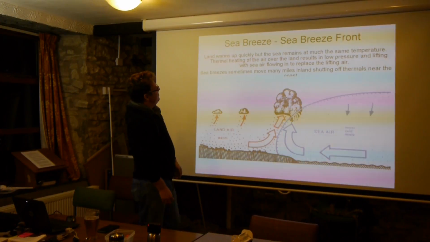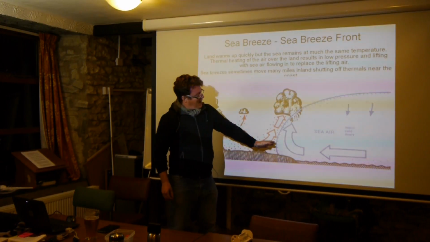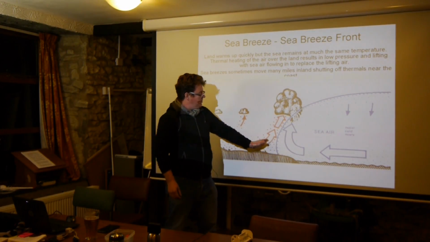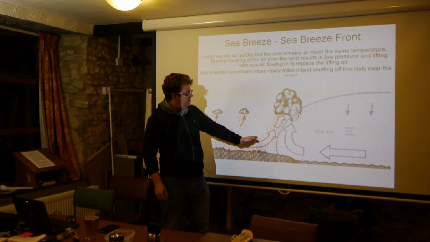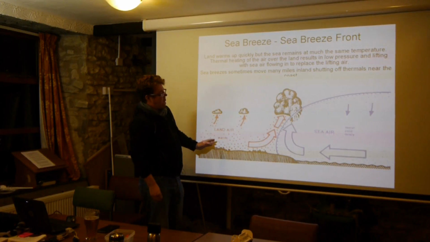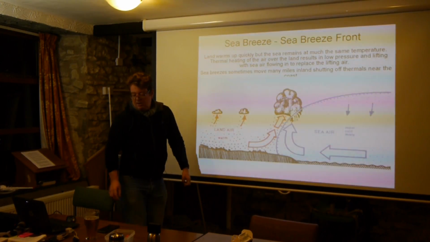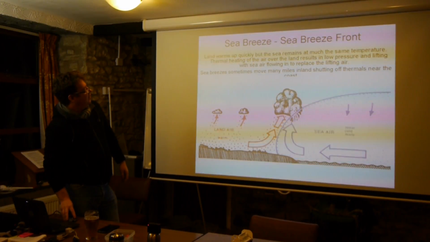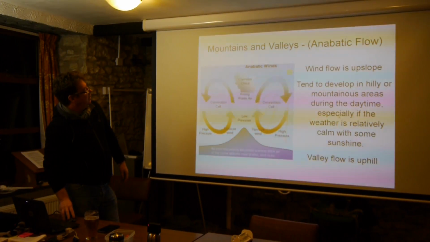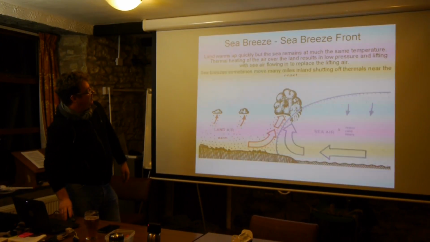A sea breeze front is at the point where this sea air is coming inland, and it moves inland as the sea breeze develops throughout the day. So let's just go back to that again.